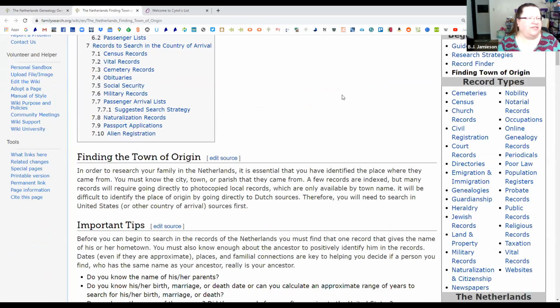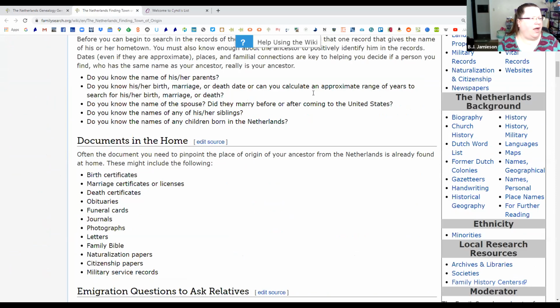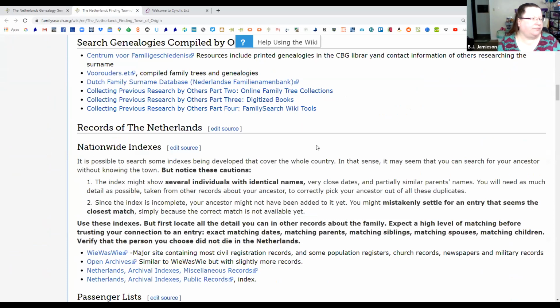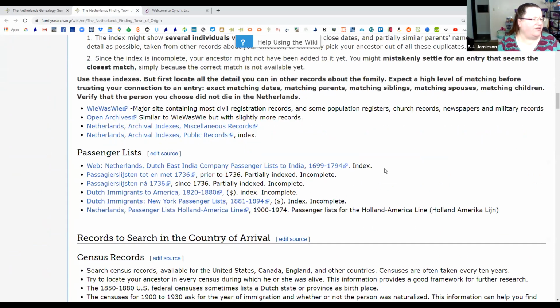And you will have specific information here about places you might find that information. It looks like there are some nationwide indexes, some passenger lists.